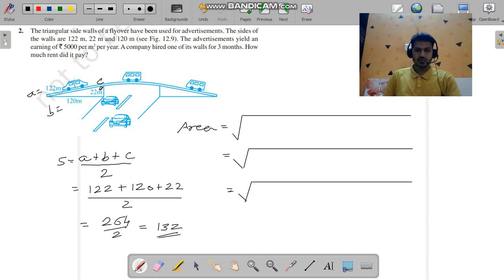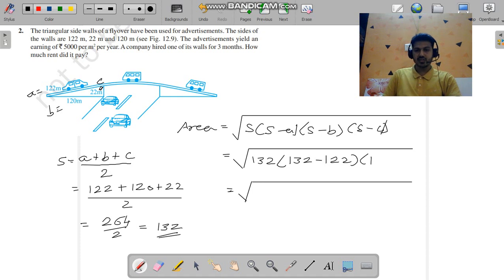Now let us put this value here. The formula is s, then s minus a, then s minus b, and then s minus c. So here it will be 132, then 132 minus 122, then 132 minus 120, and the last one is 132 minus 22.